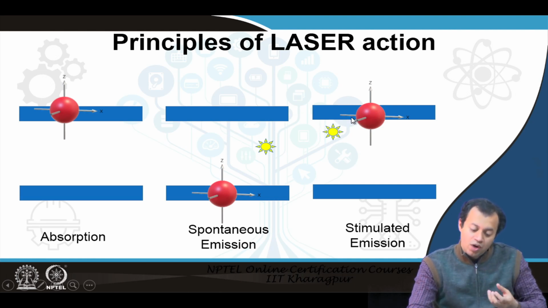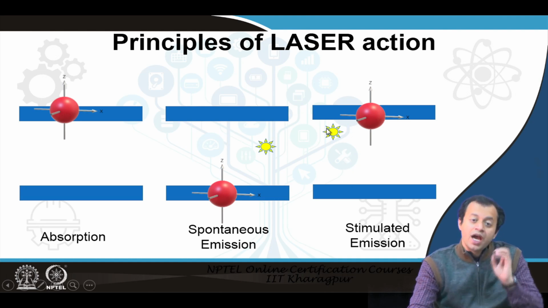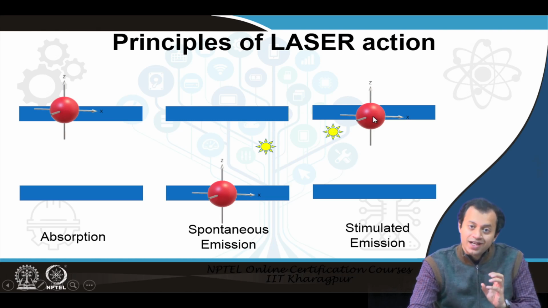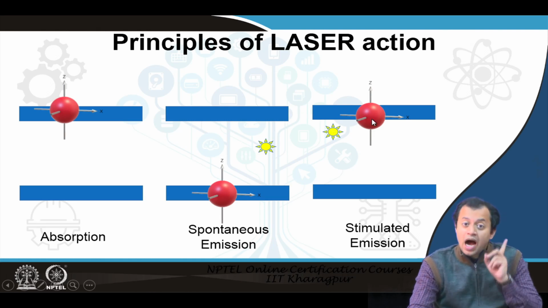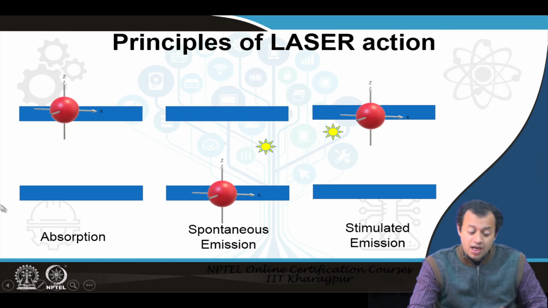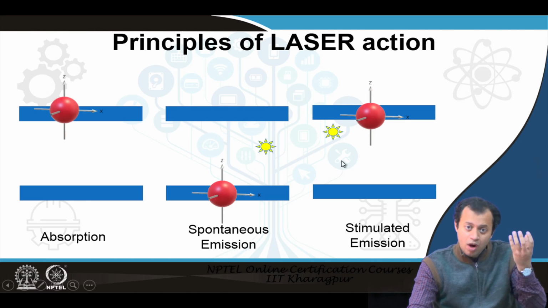You have figured out what the energy gap is, you have synthesized a photon of that particular energy and you are throwing that photon at it while it is still up. Remember, in absorption, when the electron has come back down and you supply some energy, it will consume it and go up.